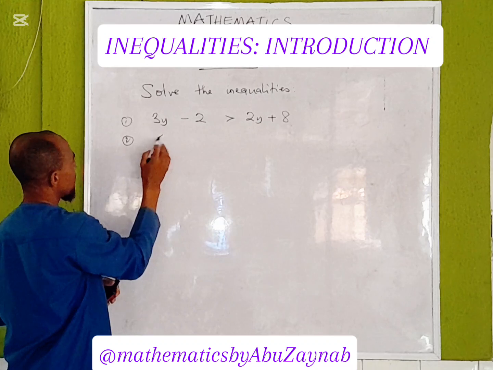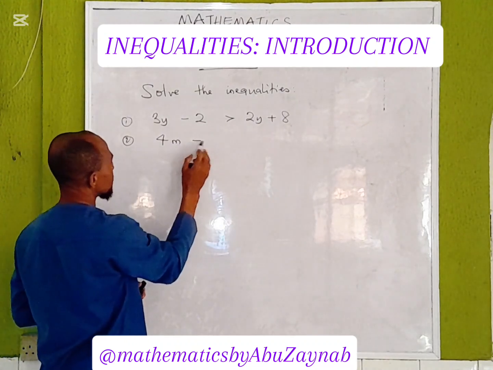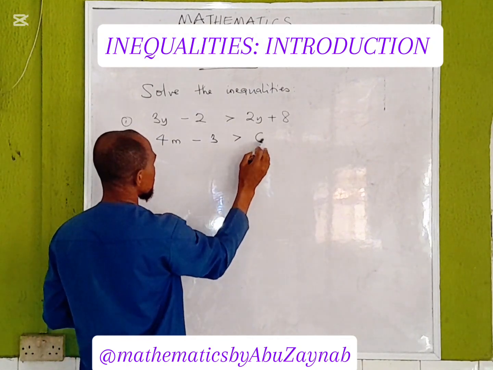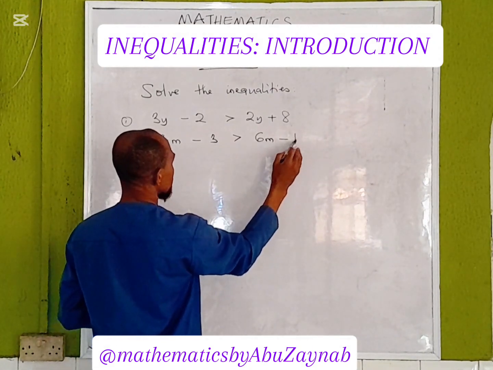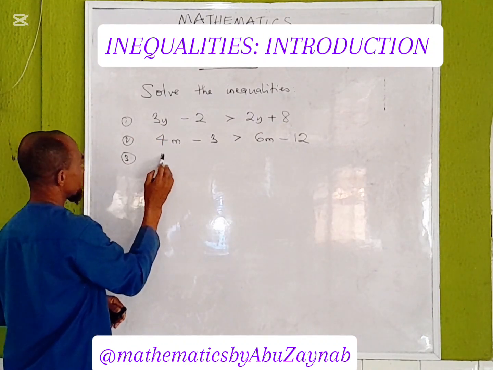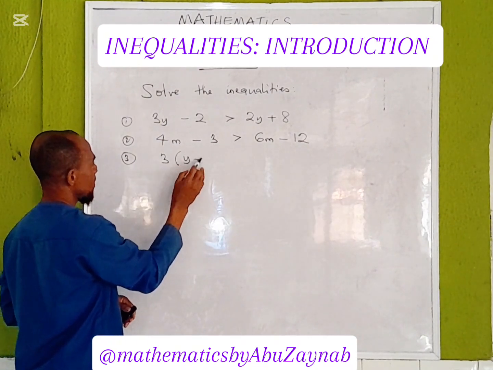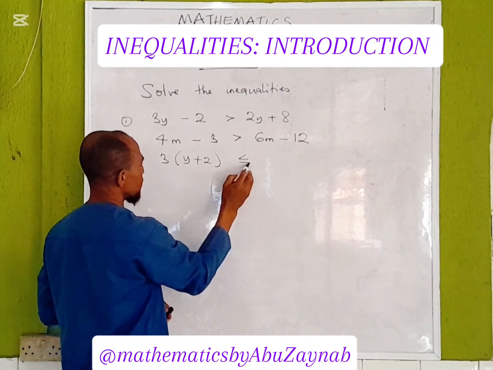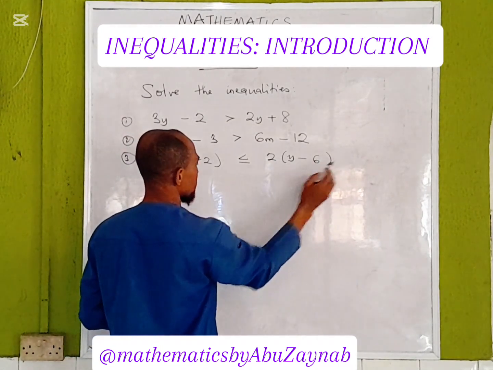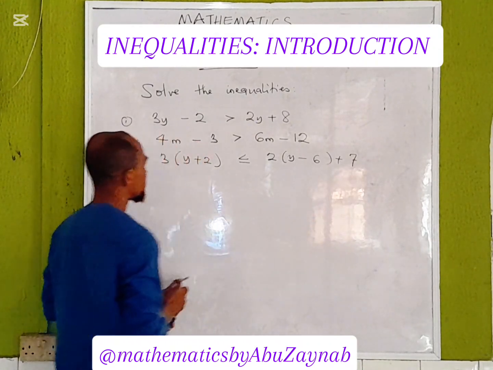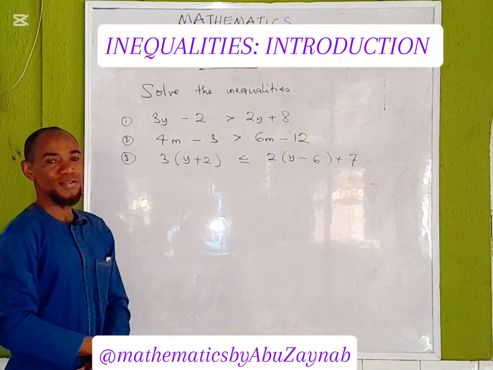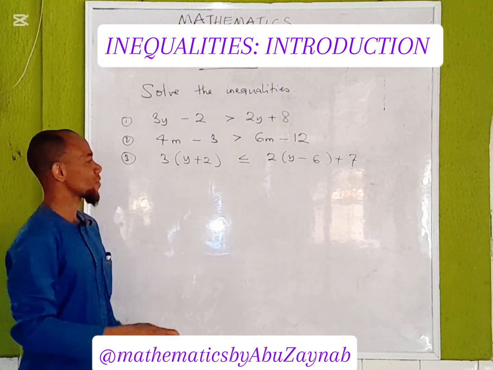And 2: 4m minus 3 greater than 6m minus 12. And then lastly, 3 bracket y plus 2 less than or equal to 2 bracket y minus 6 plus 7. So let's look at these 3 examples to explain the basic concept of solving inequalities.